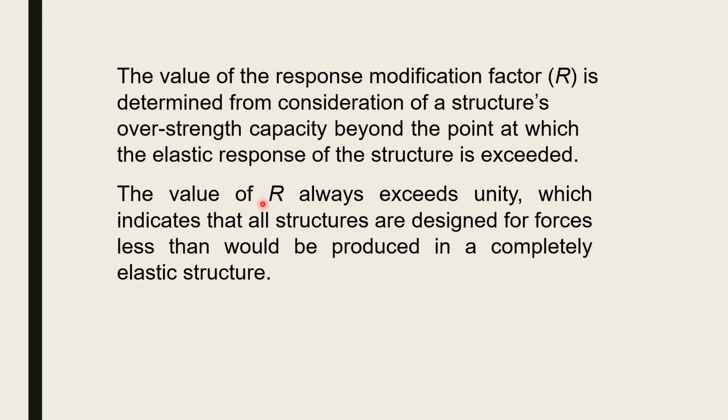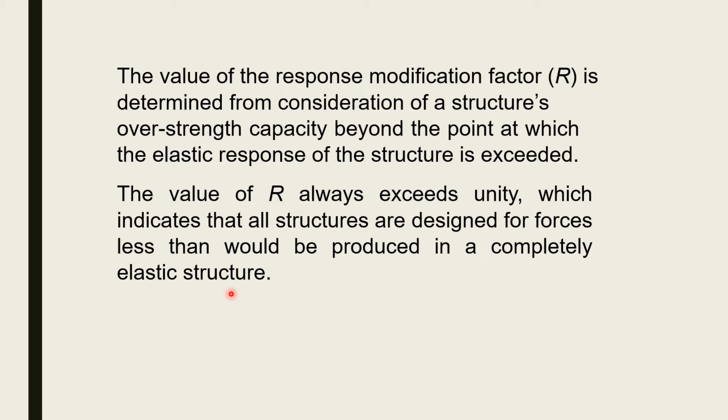The value of R always exceeds unity, which indicates that all structures are designed for forces less than would be produced in a completely elastic structure. What it means, I already gave an example. If there is an 800 kilonewton base shear, then the response modification factor can reduce it.